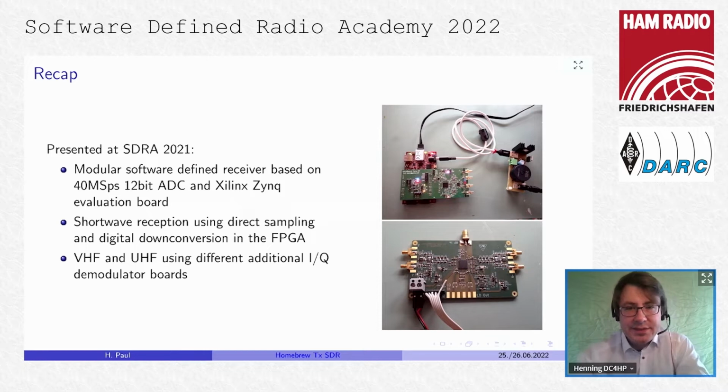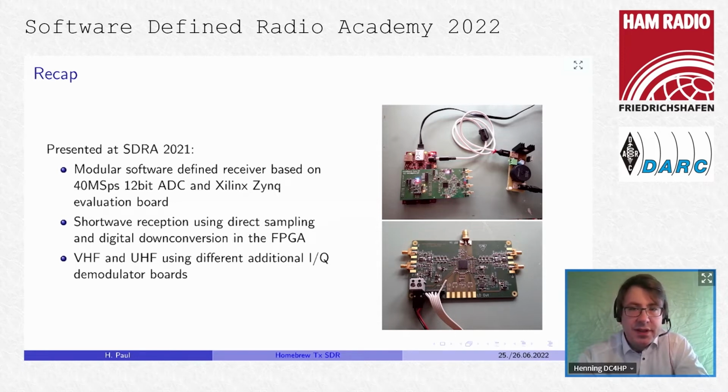On last year's SDR Academy, I presented a receive SDR, which was based on a Xilinx Zynq evaluation board, for which I designed an add-on board with a high-speed analog to digital converter, 40 megasamples, 12 bits. I also showed you some of the add-on boards that I built in order to receive VHF and UHF signals. But for shortwave itself, you can directly use this ADC board.